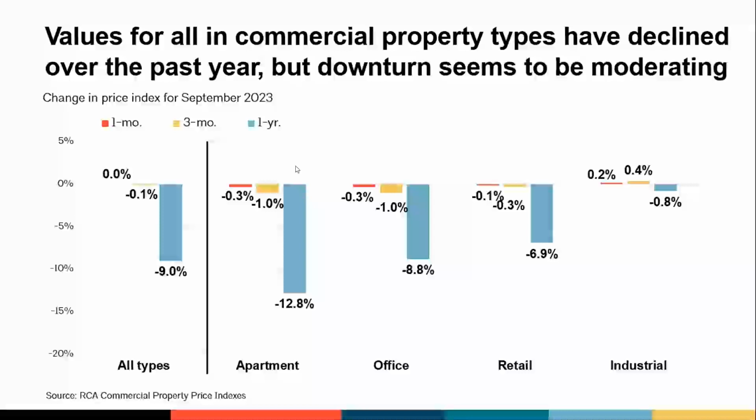But in recent months, we're starting to see those prices kind of start to stabilize. So that's a good thing from an investment standpoint. But again, with those lending tightening, even though prices are coming down, we're not sure we'll see the investments that we had seen in 21 and 22.